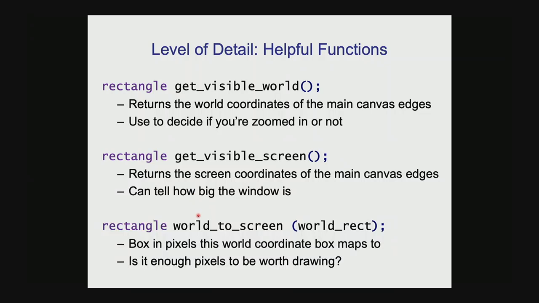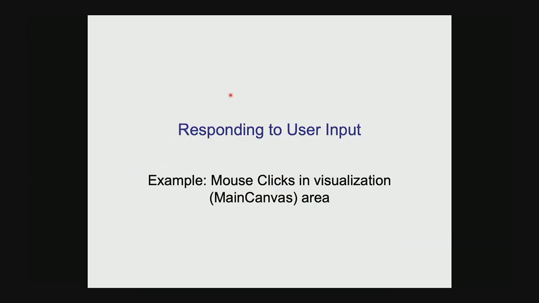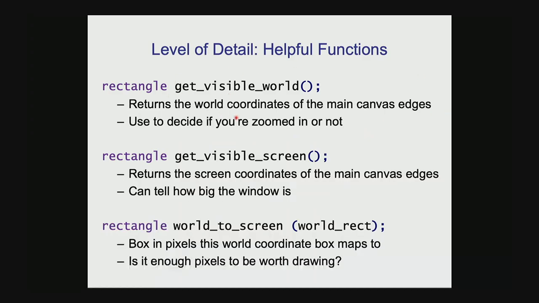The last one that is very important is called world to screen, and this basically returns a transformation from the world coordinates that you specify to the pixels. So here you can determine how many pixels are available to this coordinate system right now. We usually use these two together. We get the visible world, whatever is currently visible on the screen in terms of coordinate system.